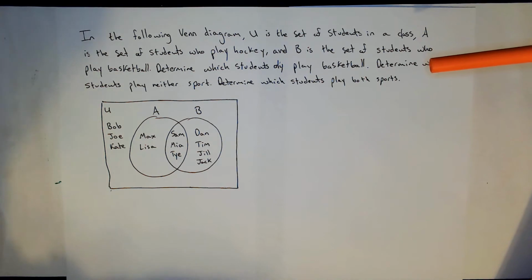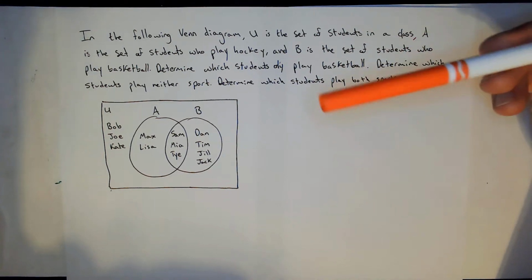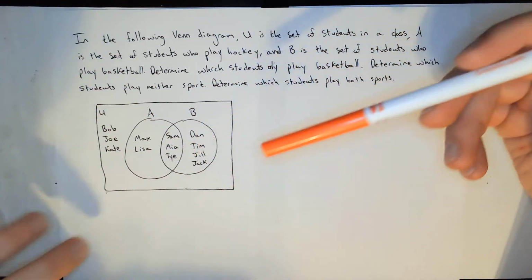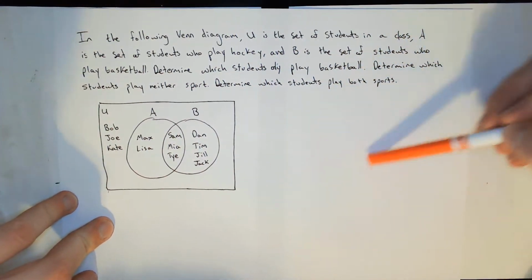And then in the last section of chapter 2, we did survey analysis, which basically means analyzing data given from a survey using Venn diagrams, and that's when we got into those Venn diagrams that can involve 3 sets. This is not one of those, the kind with 3 circles.